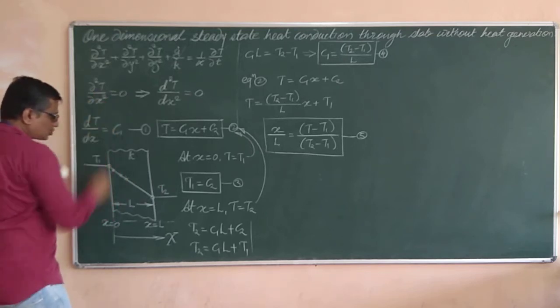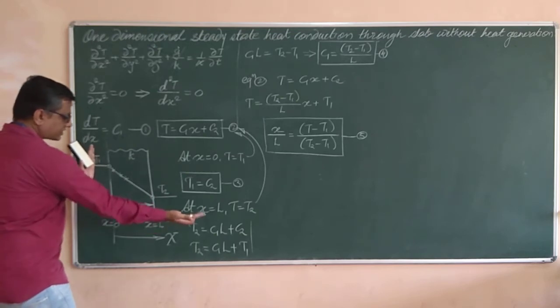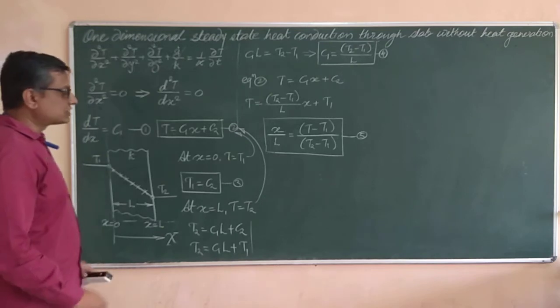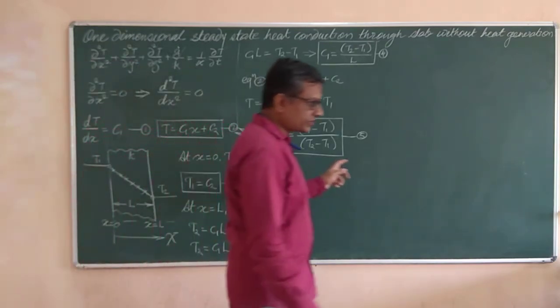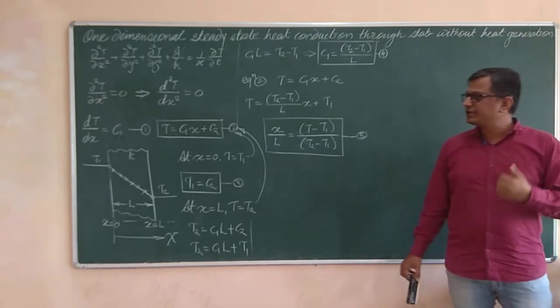I am considering this to be the graphical representation of temperature with respect to the X direction. So these points will be somewhere over here. So this is all about the temperature distribution within the slab, right? And that is found to be decreasing.